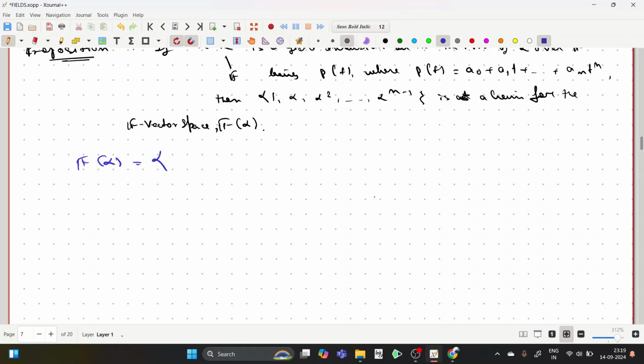The structure of F(alpha) is basically the collection of elements of the form a0 plus a1 alpha plus a2 alpha squared, and so on till an alpha to the power n, such that each ai is in F, right?